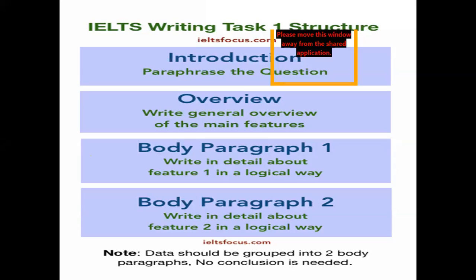Then body paragraph 1 should explain the first diagram, and the second should explain the second diagram. Suppose you have only one diagram, you should take one main aspect of that diagram and compare it with another. And if you have 2-3 diagrams with you, you can increase the number of paragraphs. Whenever you are writing about the diagram, the comparisons and the linkages should be presented properly, and you should use all the linkers.